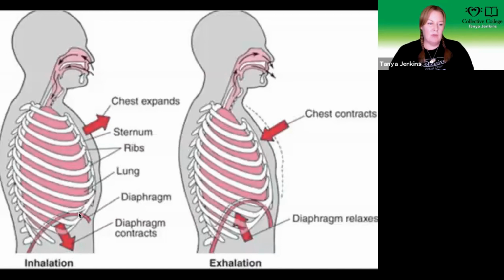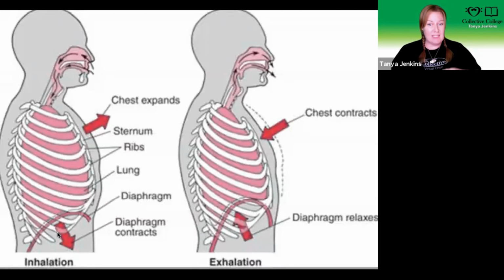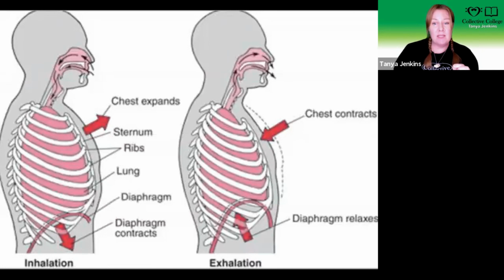So here's your diaphragm, your involuntary sheet of muscle that separates the chest and the abdomen. When we breathe in, it contracts and moves down, creating a vacuum and drawing air in. It is the most major muscle involved with inhalation, and during this process our abdominal contents are pushed down, which extends the stomach.